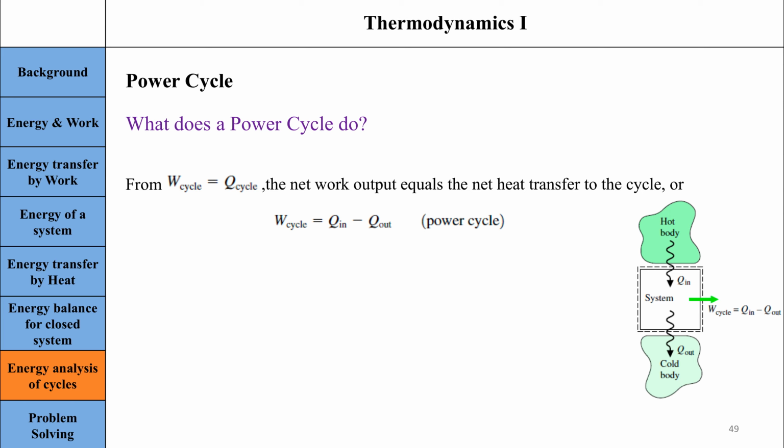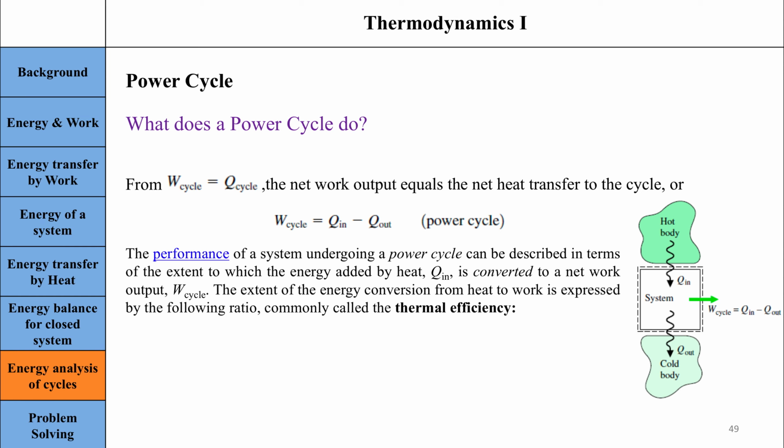One of the most important parameters to analyze these cycles is their performance. The performance of a system that is undergoing a power cycle can be described in terms of the heat that is being added in, and how much of this heat is being converted into work. The more work we generate, the higher the performance we will have, and this performance is usually known as thermal efficiency.